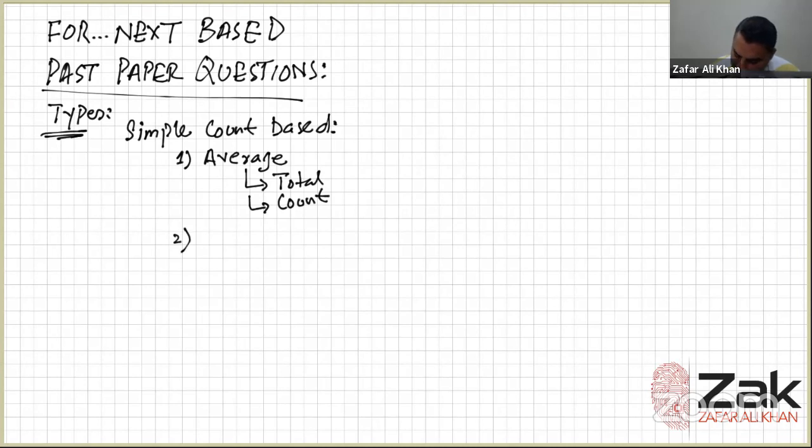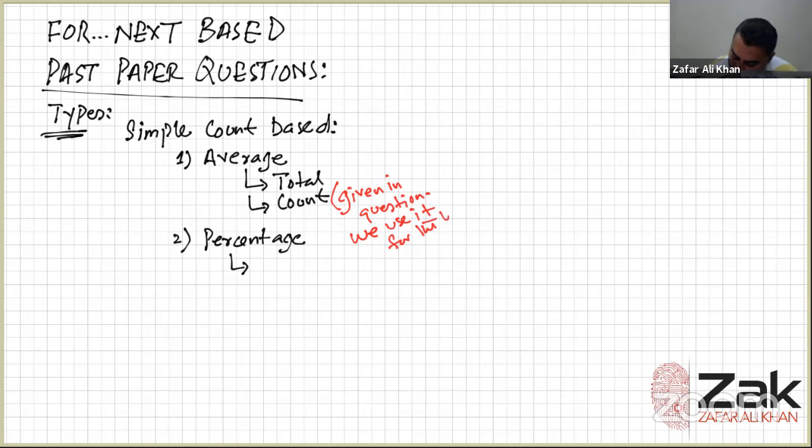Number two, questions will be asking for percentage. All right, in that case what happens that we need a count, an additional count, not the count. Over here the count is given in question, and we use it for the loop.